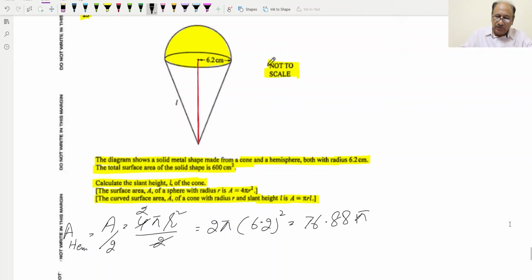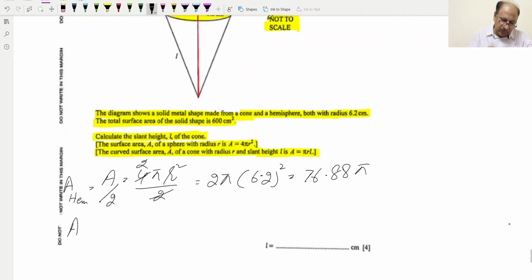Now area of the cone also we can write. Area of cone is given, A is equal to pi r L. So total area is 600. So 600 minus 76.88 pi, and this will be equal to how much?